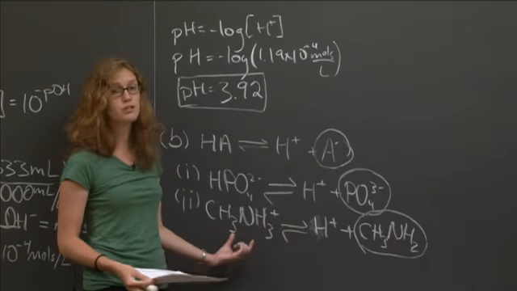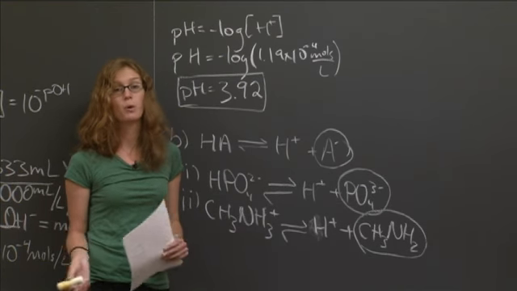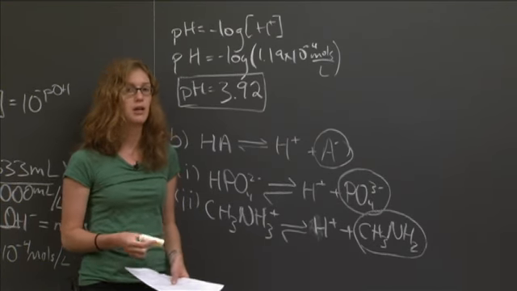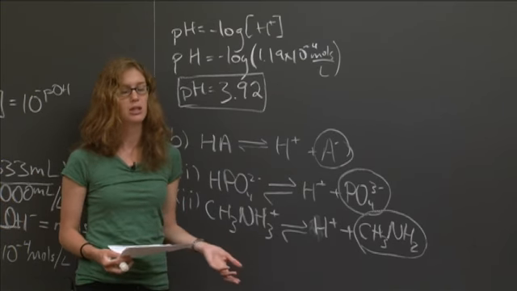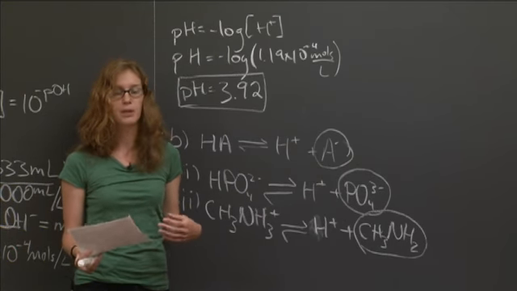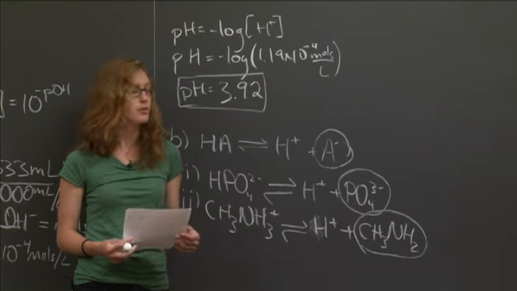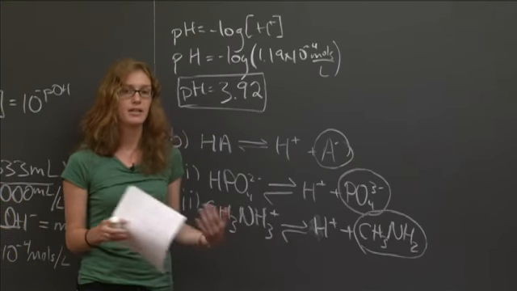If you were a little bit confused on this one, it might help to draw out the Lewis structure, and you would see that the formal charge does actually reside on nitrogen, and therefore it makes sense that the nitrogen would lose a proton. In addition, if you think about the ammonia-ammonium ion relationship, you know that you have NH3 going to NH4.